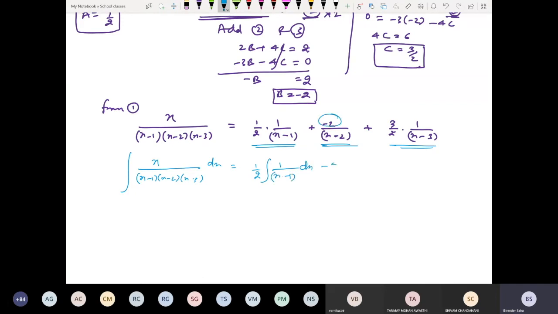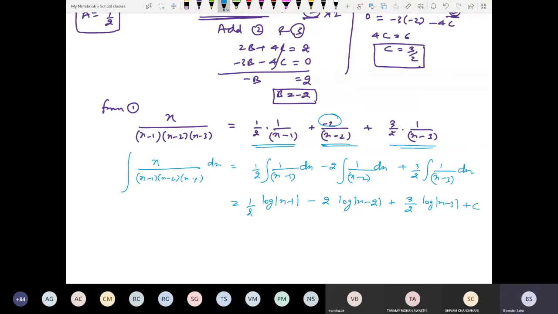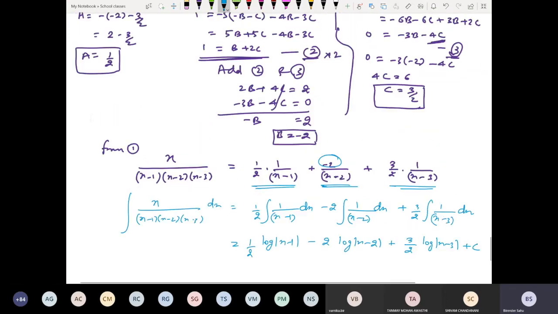Here minus 2 will come outside, integration of 1 over x minus 2 dx. Here 3 by 2 will come outside, integration of 1 over x minus 3 dx. Now you will get the answer: 1 by 2 log of x minus 1, minus 2 times log of x minus 2, plus 3 by 2 log of x minus 3, plus c. So this is a very simple question, students.